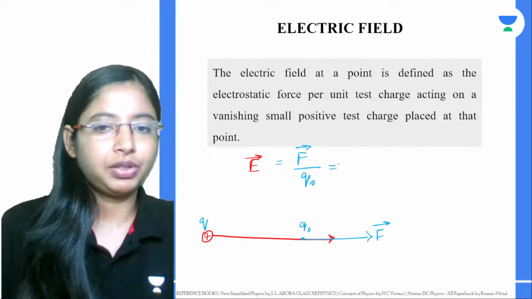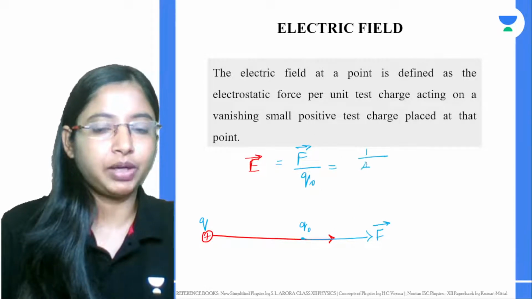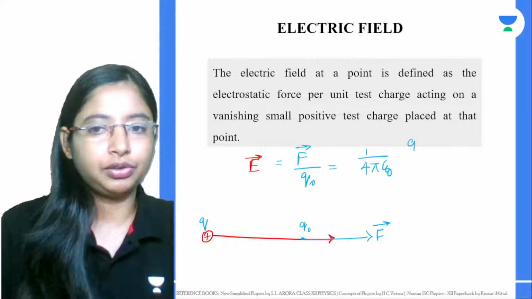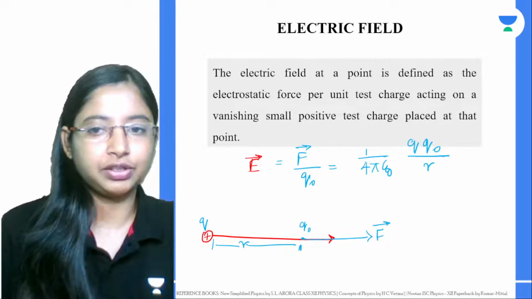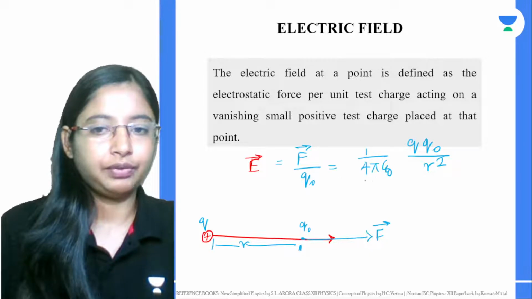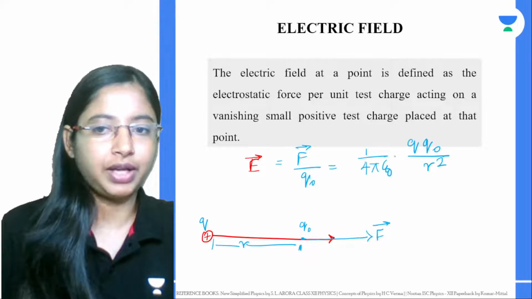So your electric field is always force per charge. From here we know the force equation: 1 by 4 pi epsilon naught Q Q naught divided by R square, where R is the distance between the source charge and the test charge. The whole equation is divided by Q naught.